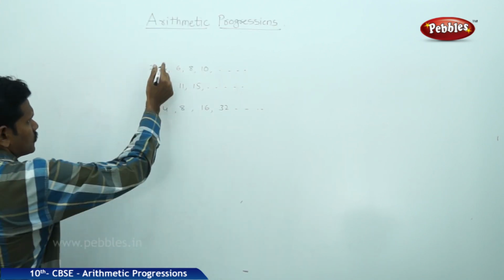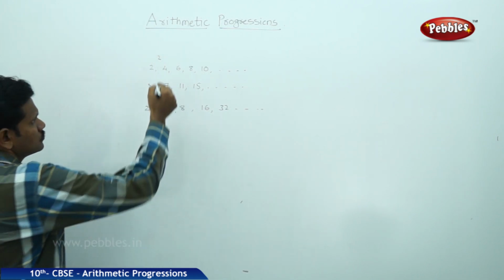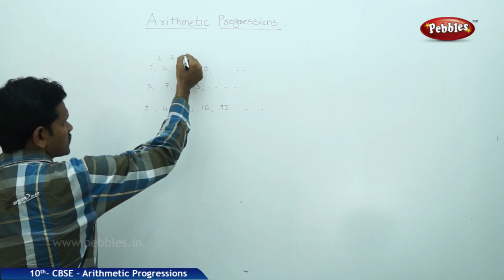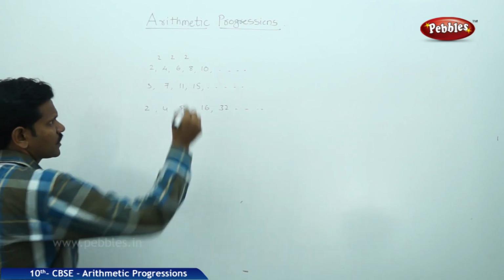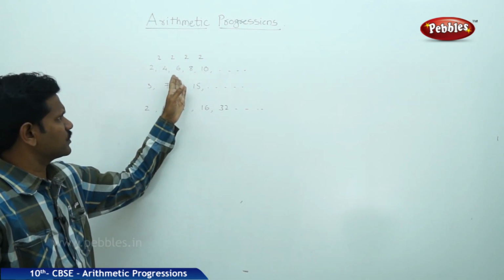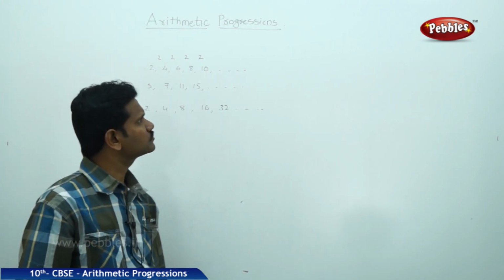I added 2 plus 2 is 4, 4 plus 2 is 6, 6 plus 2 is 8, 8 plus 2 is 10. That is, to the previous number I am adding a fixed number to generate the next number.